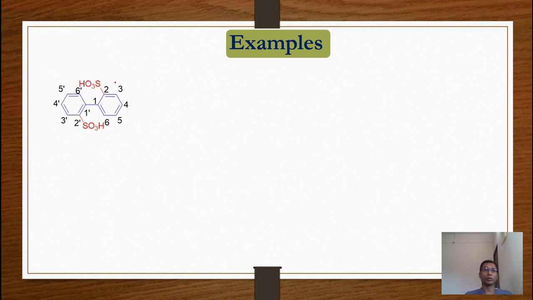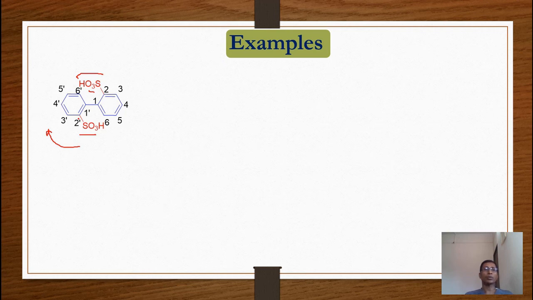In this molecule, the SO3H group is present as a functional group, and there are two SO3H groups. Here numbering is started in this direction. Due to that, this SO3H group receives the lowest possible number, 2 dash.